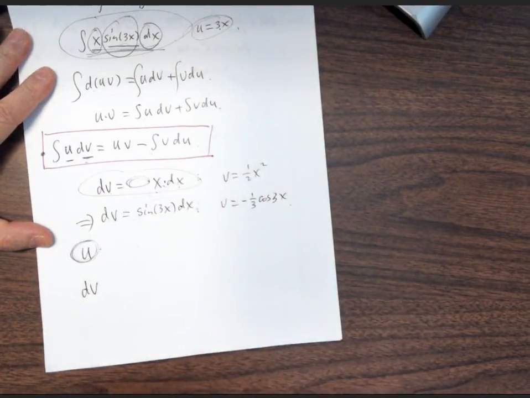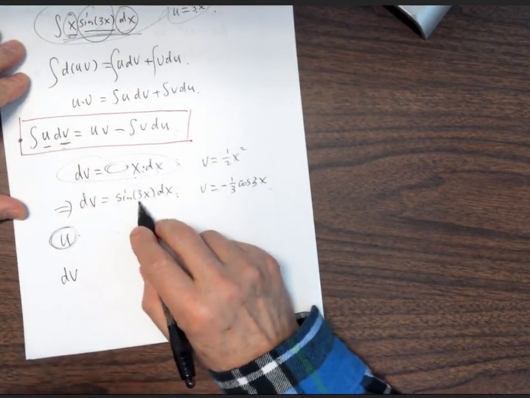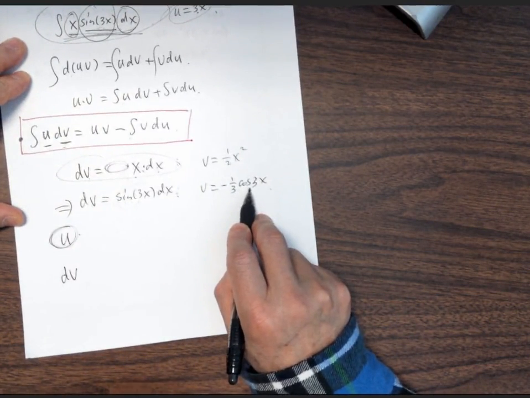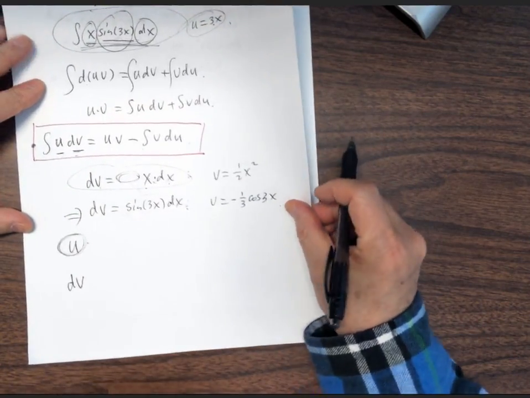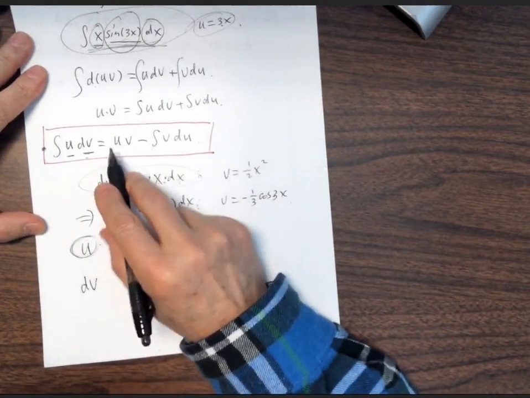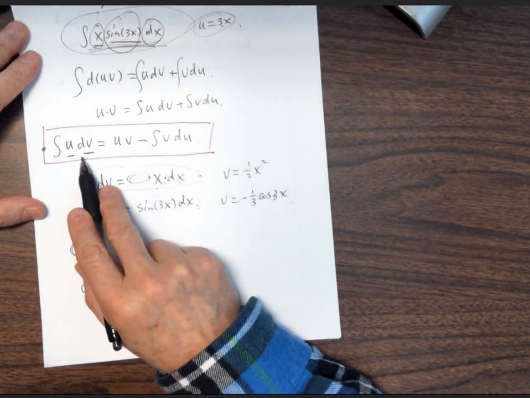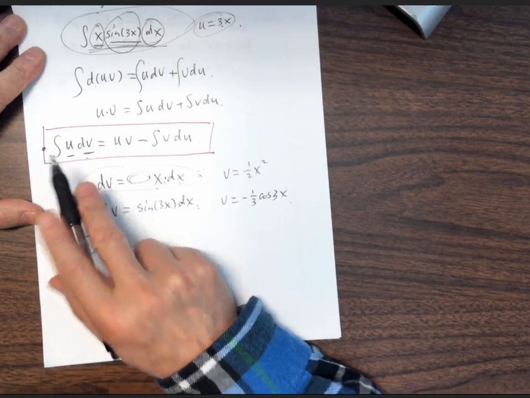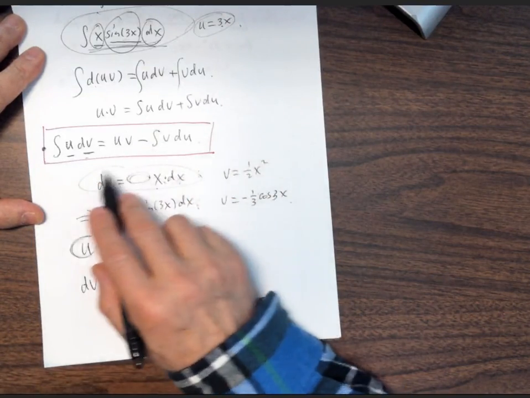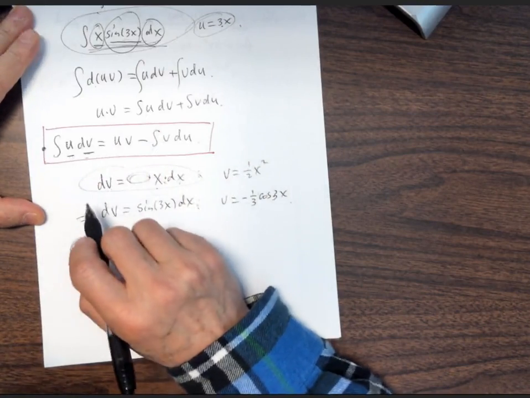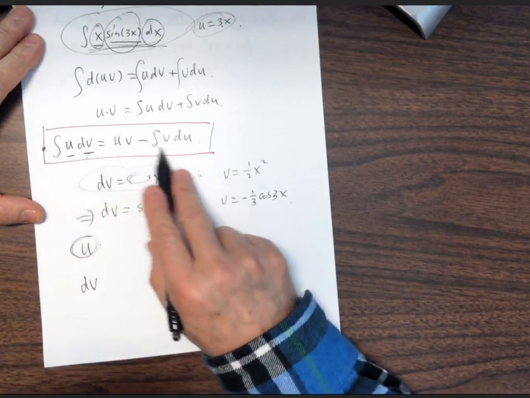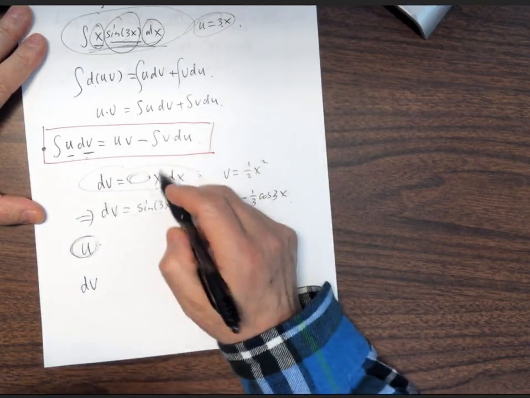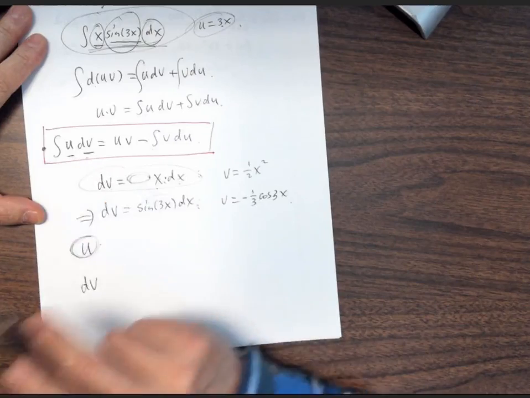And the integration hopefully will give us no worse than the function we start out with. Start with the sine, we get the cosine, that's not bad. So remember, in order to make this work out, we need to determine the u correctly, and that's very important in assuring that the new integral is at least simpler than the old integral.